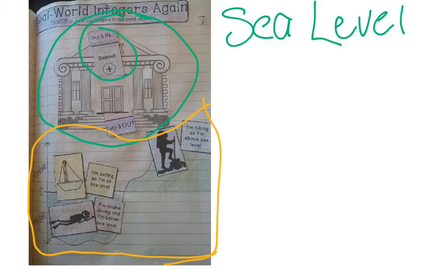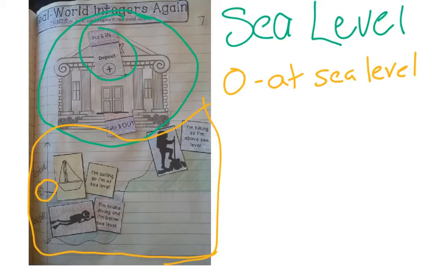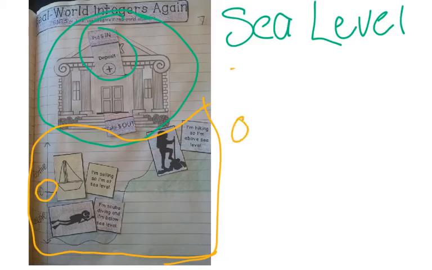If you notice the 0 on the side here, 0 means that you are at sea level. When a boat is sailing on the ocean, it says I am sailing, so I am at sea level. So 0 is sea level.